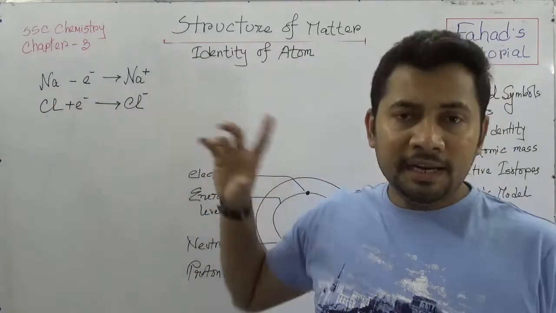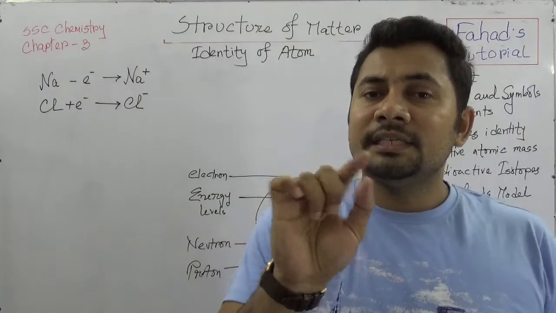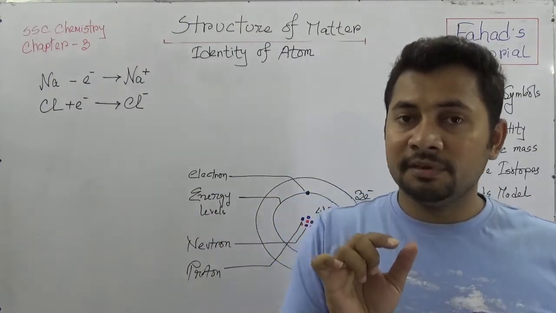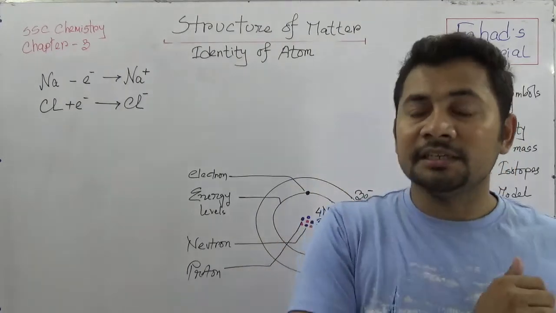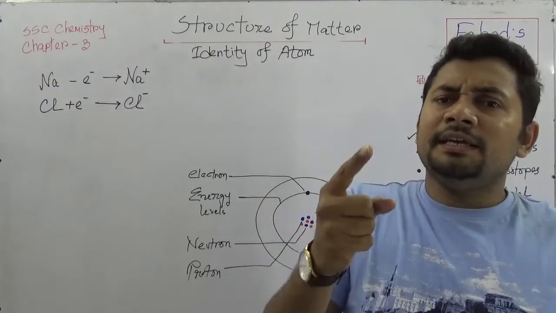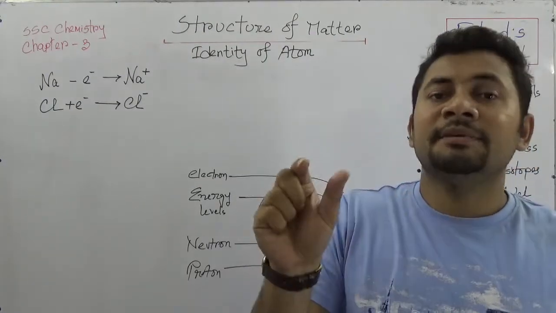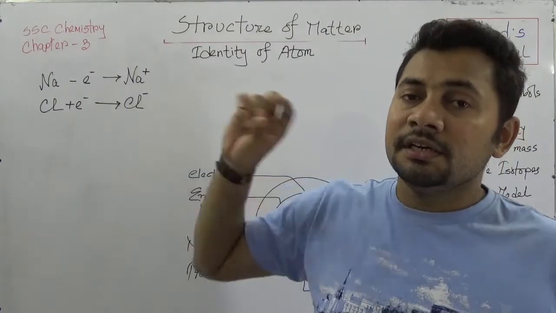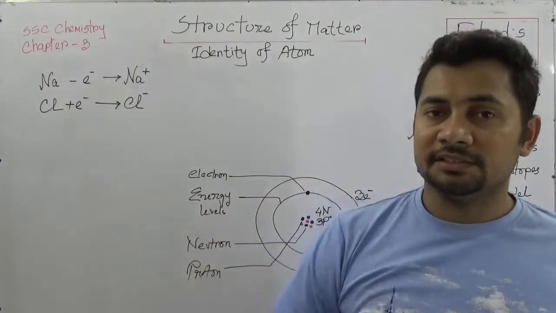Chlorine is element number 17 according to the periodic table, in group 17. Usually it has 17 protons and 17 electrons, but after receiving 1 electron it has 18 electrons.